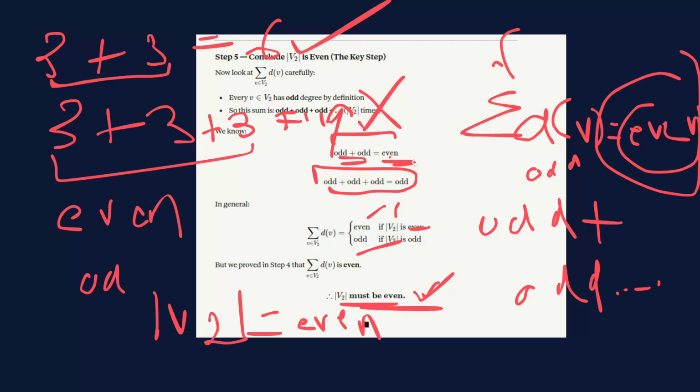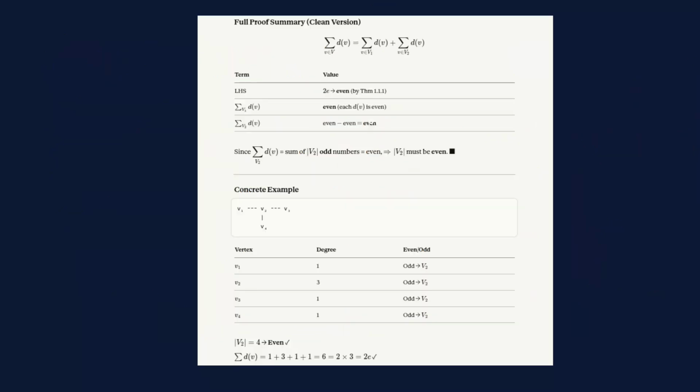So to get an even value, it should contain an even number of odd vertices. Understood? So this is our conclusion. Finally we have proved that the number of odd degree vertices in a graph is even.